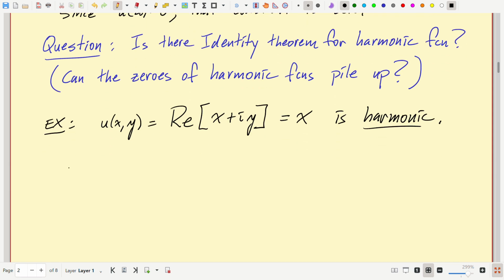The zero set is, let's see, I'll have the complex plane. X is 0 along the imaginary axis.